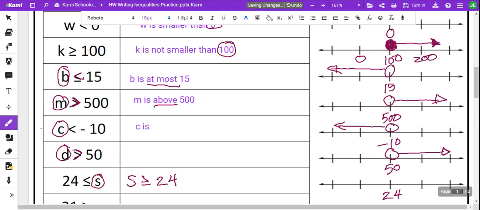So we can rewrite it with the variable on the left side and then flip the sign around. So S is on the greater than side of 24. If you don't flip the symbol around with the variable, then it is going to be going in the wrong direction.